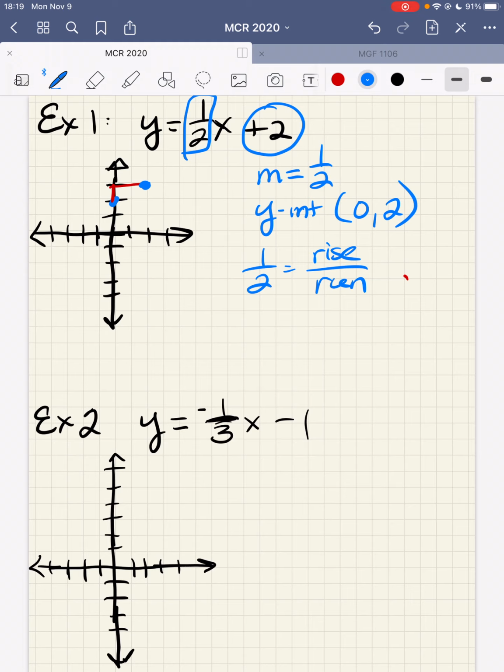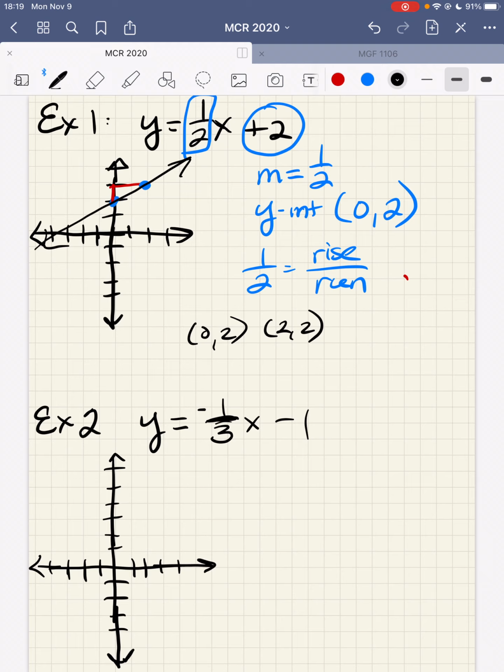Okay. So I have my 2 points. I can go ahead and graph my line. If I wanted to double check, I could check if the points 0, 2 and 2, 2 are solutions for this equation.